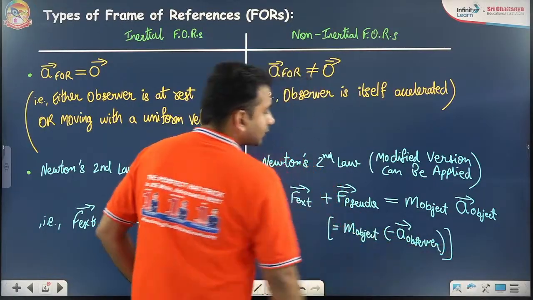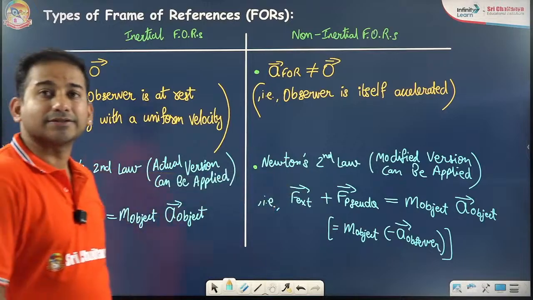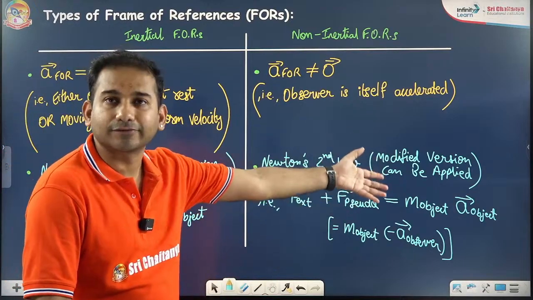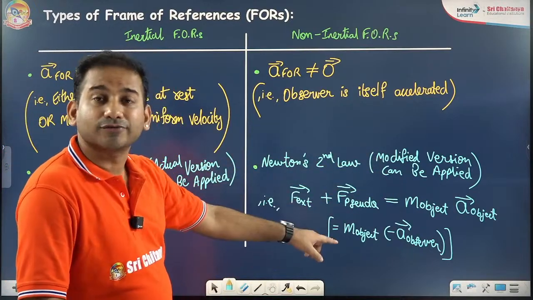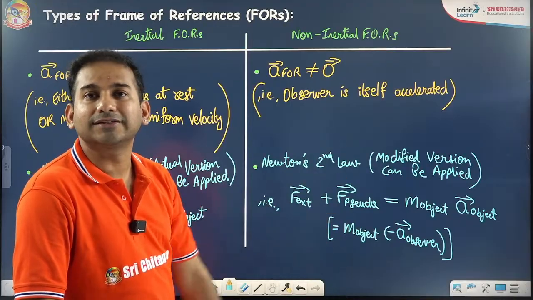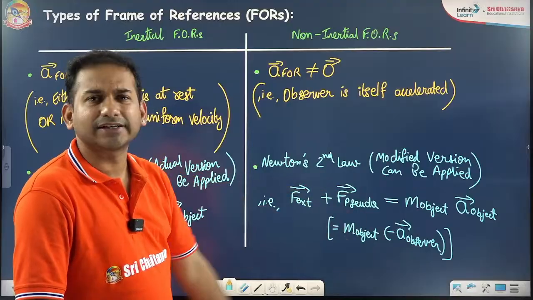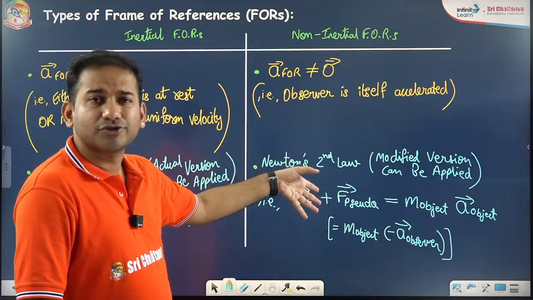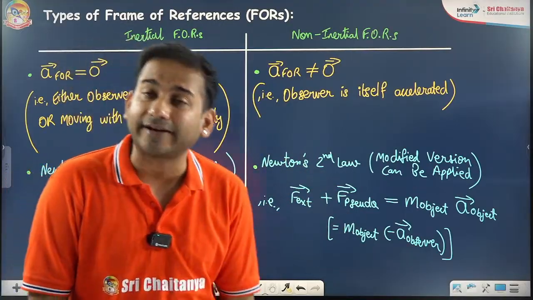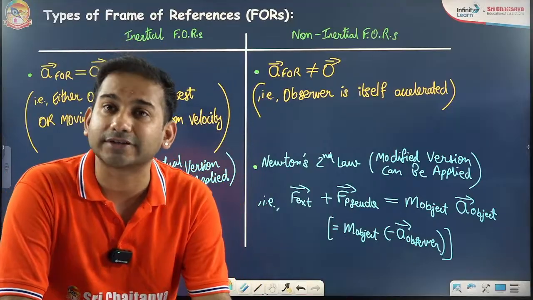Remember the rules. If you want, you can also take this negative on that side, so what you will get is mass of object into acceleration of object vector plus acceleration of observer vector.